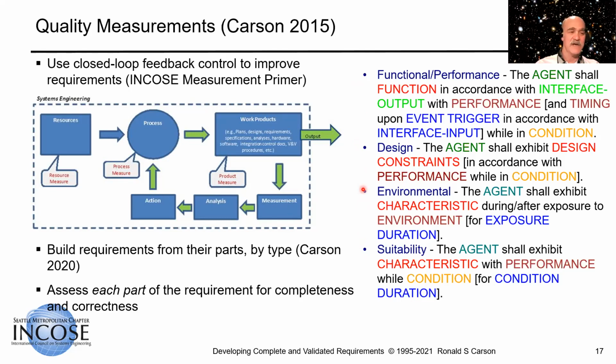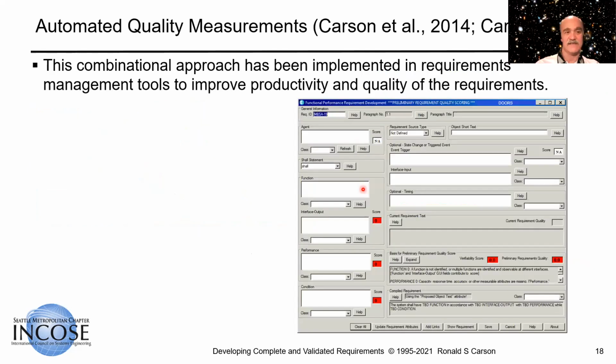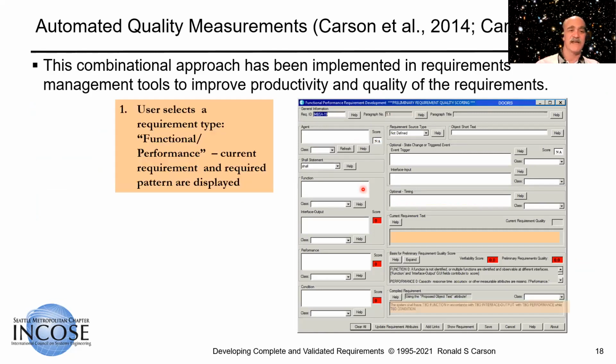And we actually automated part of this in our DOORS tool, where we wouldn't allow the requirement author to write a whole requirement. They would have to select the type, and then we would display the pattern that they would use to model their requirement after and all the applicable fields.